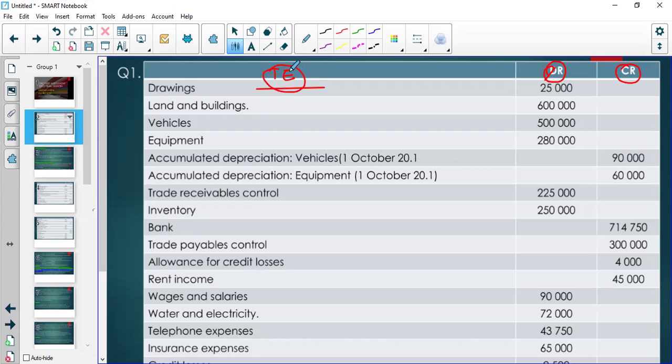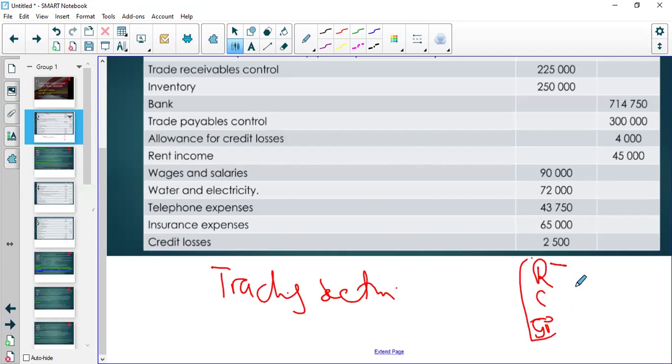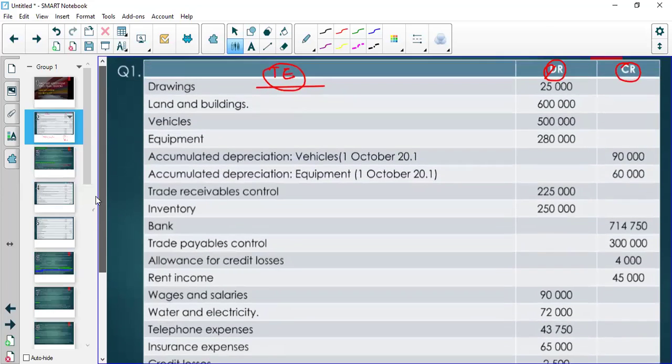Those items that fall under profit and loss are profit and loss, because remember we have the statement of profit and loss and other comprehensive income. It's divided into 3 sections. We have the trading account, the trading section, where we have our revenue, cost of sales, and gross profit. So that's the trading section.